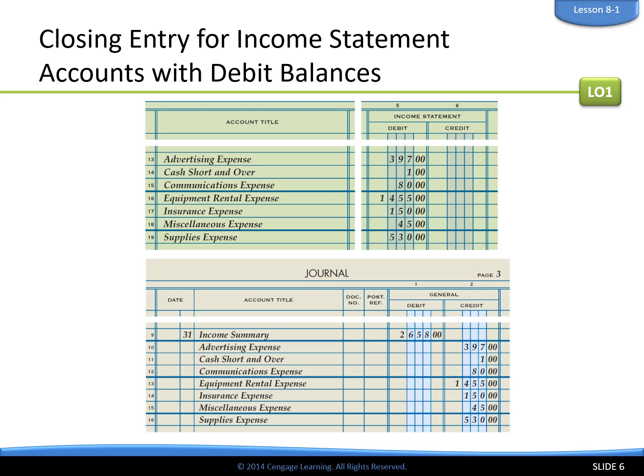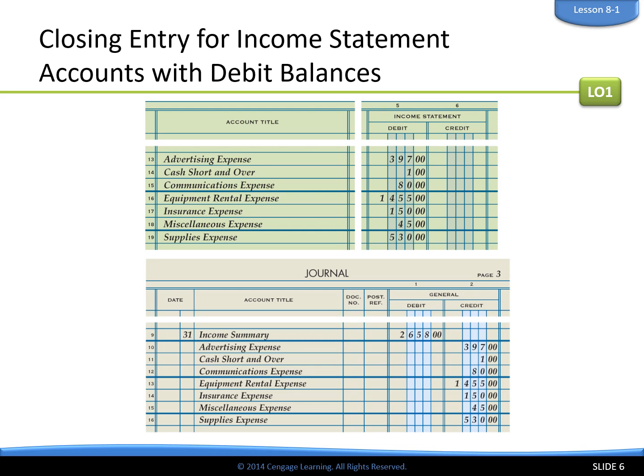Okay? They each have debit balances. In order to close them, we need to have a credit in those accounts to zero out the balance. Okay, and you'll see that down at the bottom where we have the journal.